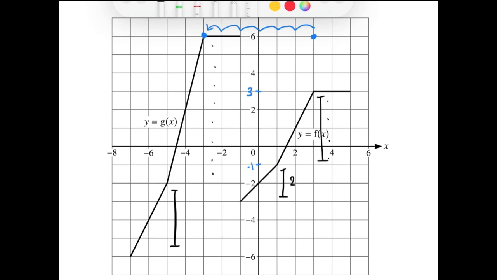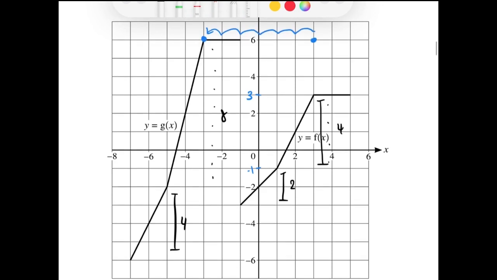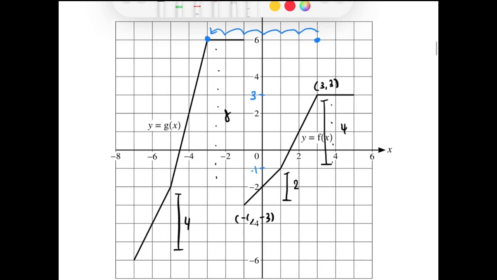There's 2 boxes here, 4 boxes here, 4 boxes here, 8 boxes here. And if you don't want to count, you can always just look at the coordinates. Over here you have 3, 3. Over here it is -1 and -3. So we know the x-axis hasn't been stretched, but the y-axis has been stretched.